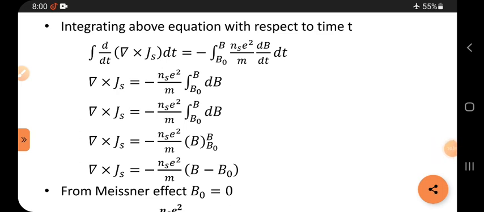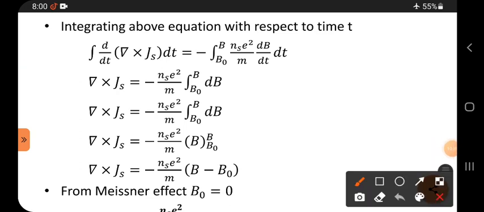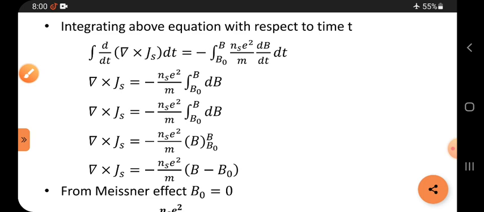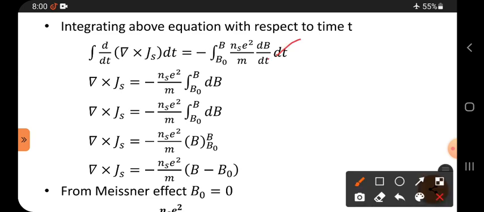So this is like this, and now this differentiation dt and this dt get cancelled, and this is completely constant. Take outside with a minus. Minus is already written outside. Inside is integration from b naught to b, and db remains. Once again see, dt cancels, and this part is taken outside.